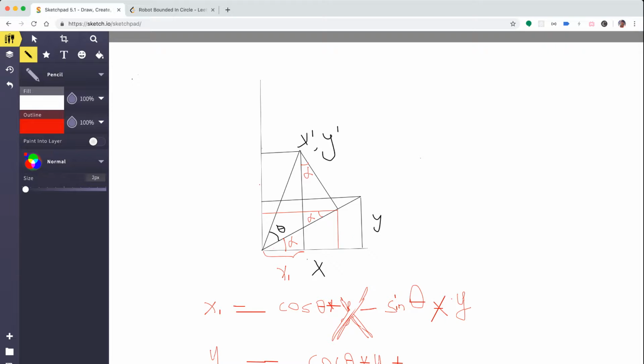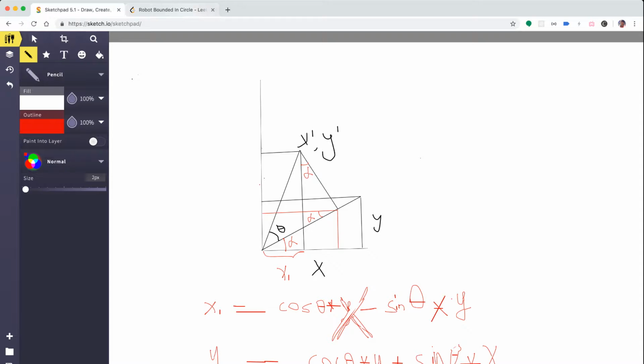And this one is sine theta, so sine theta times x. So we got this formula for calculating the rotation.